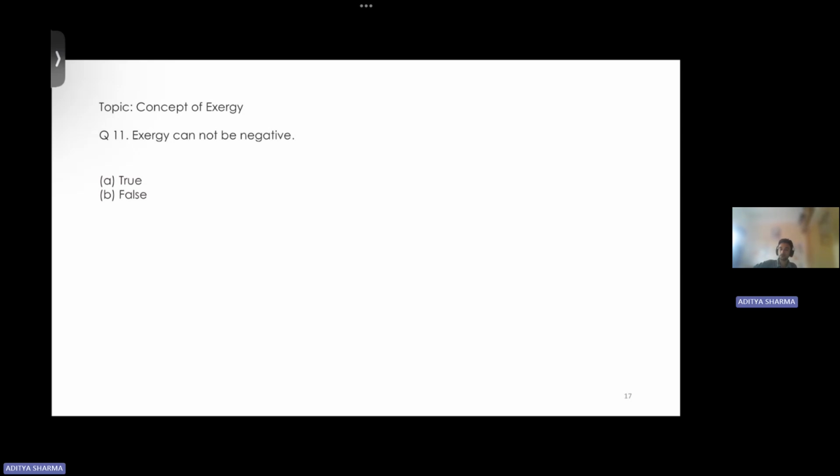But whether this is also the case for exergy change or not, that we shall see in the later questions. But for the time being, whether exergy can be negative, no, exergy cannot be negative. This is a true statement.